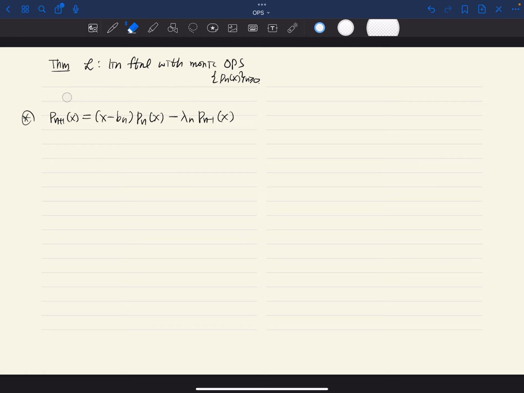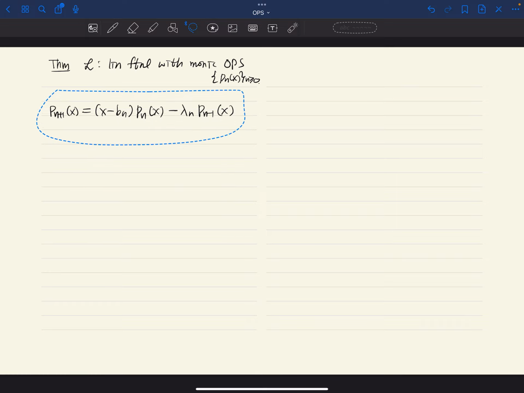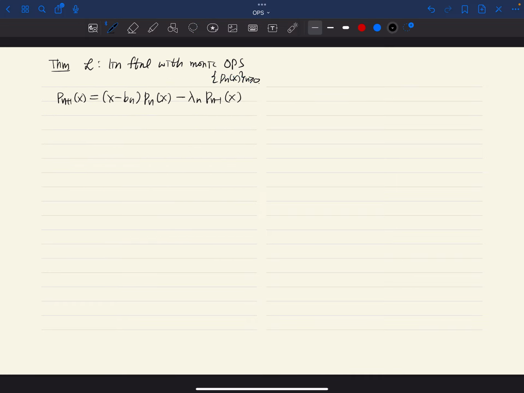So we already know this, so we can just say that they satisfy this. Then, what is lambda n? Lambda n is L of Pn squared over L of P n minus 1 squared, which equals delta n times delta n minus 2 over delta n minus 1 squared, and Bn equals L of x Pn squared over L of Pn squared.